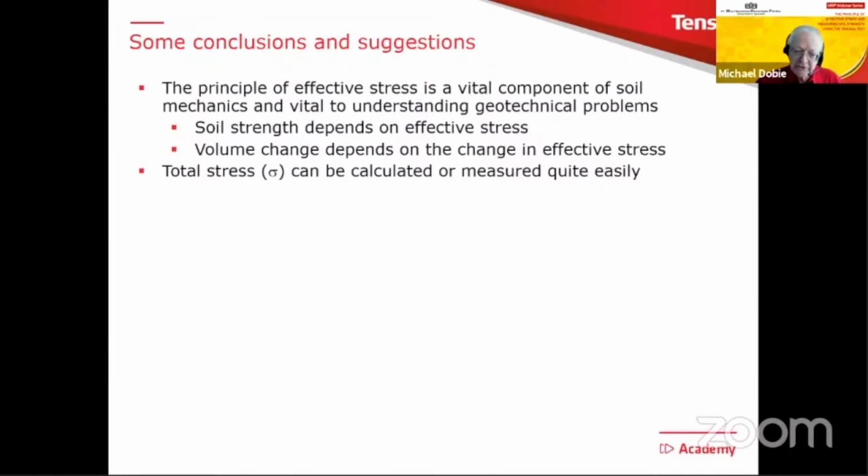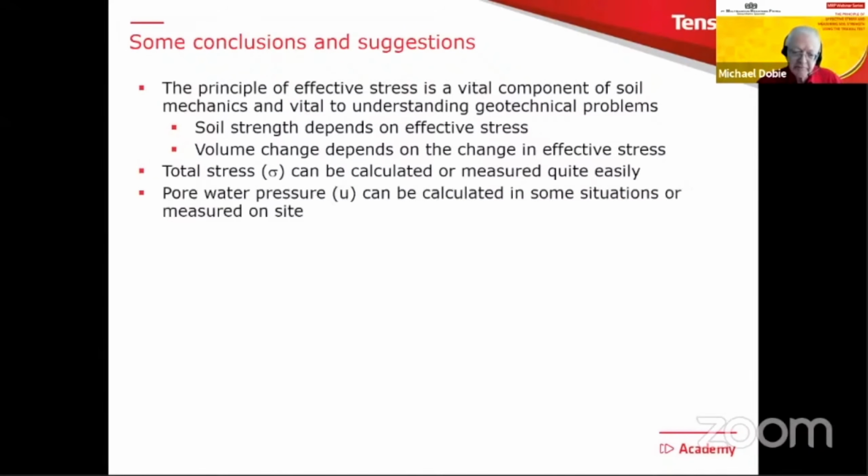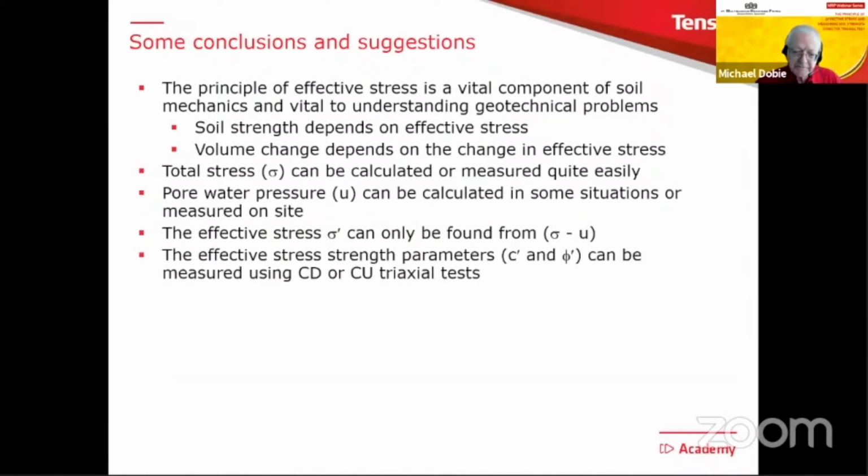As we've seen, total stress we can find out quite easily. Pore pressure in some circumstances we can find out, in other circumstances it is more difficult. And then effective stress can only be found by subtracting the pore pressure from the total stress. We can use either CD or CU triaxial tests to measure c dash and phi dash.